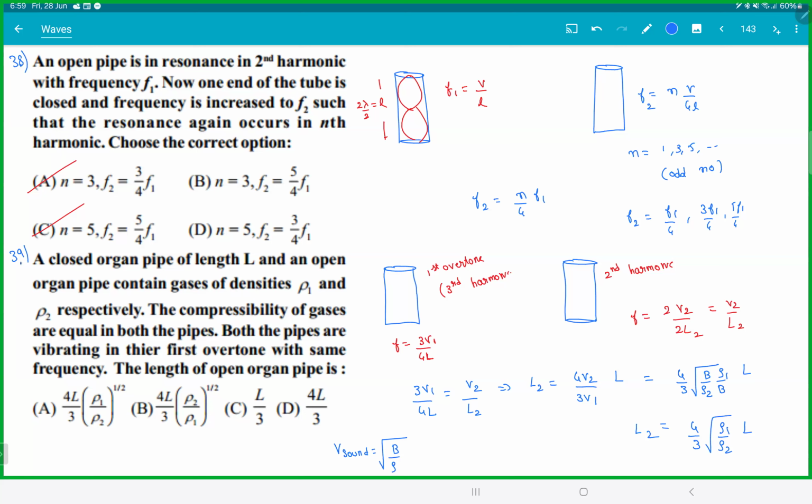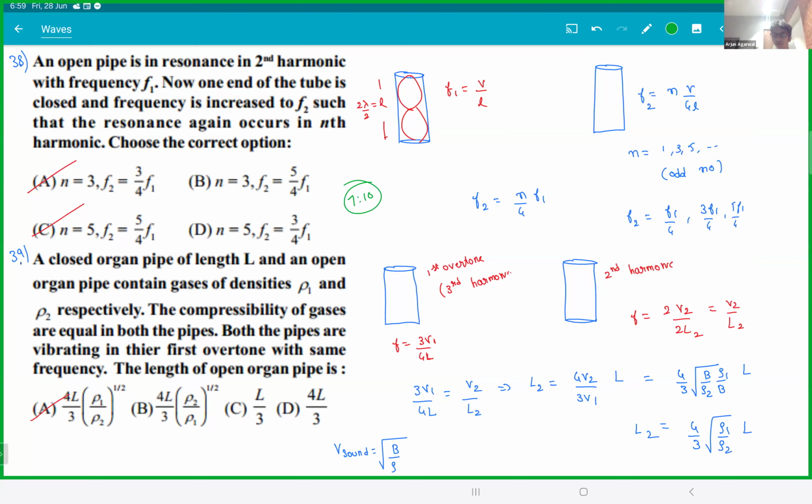Second option. No, first option. Easy? There we basically have to use the speed of sound formula. Clear? Take a break, come back with 7.